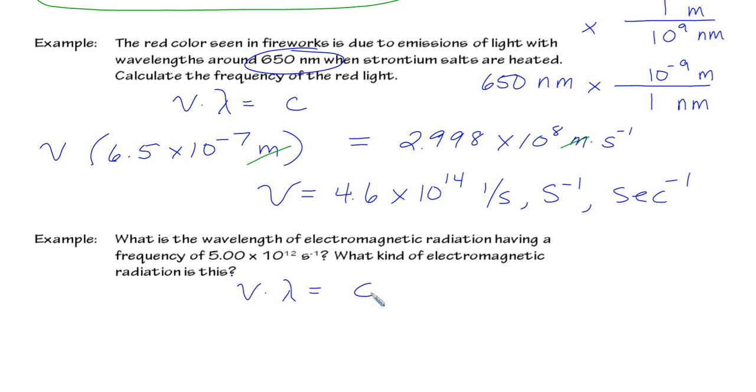So we've got our frequency this time with 3 significant figures. So I'm going to leave that 5.00 times 10 to the 12 seconds to the negative 1, cycles per second. We get it. This time we're solving for the wavelength.